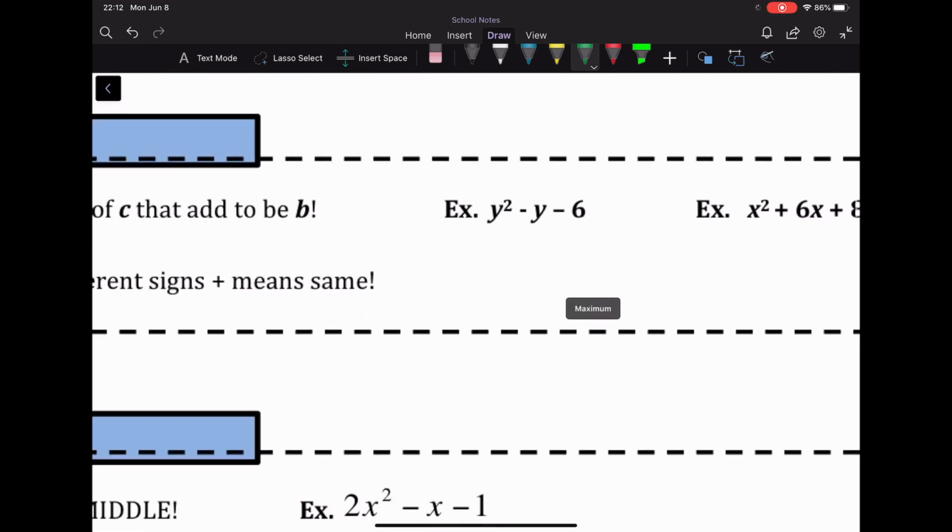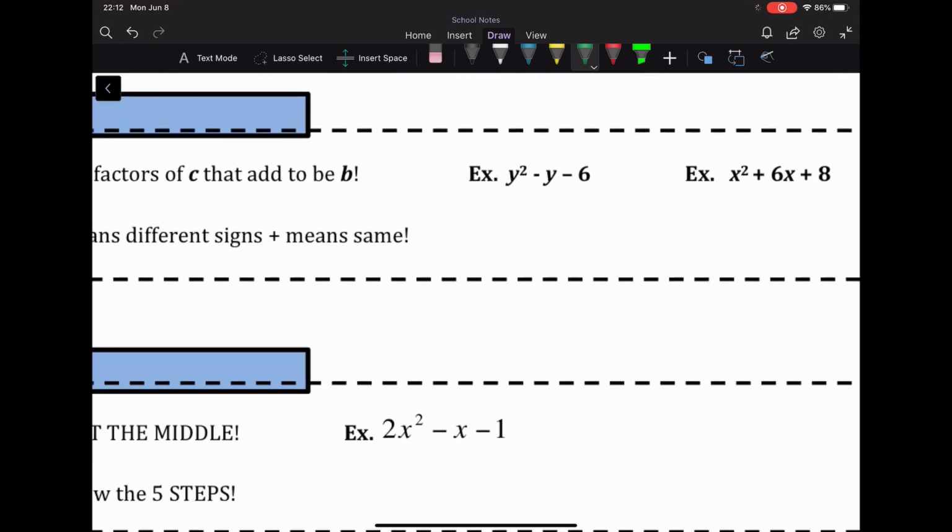And now our next one, just standard trinomial factoring. So what two factors of our c term, in this case it's going to be -6, add up to -1? And let's use red for this. So factors of -6 that add up to -1, we're going to have -3.